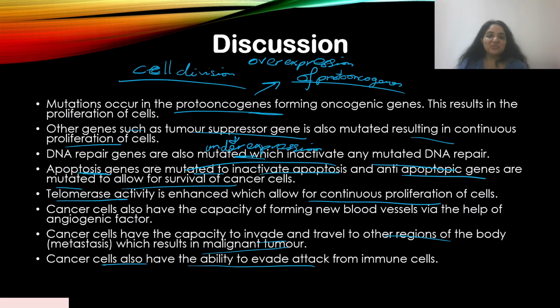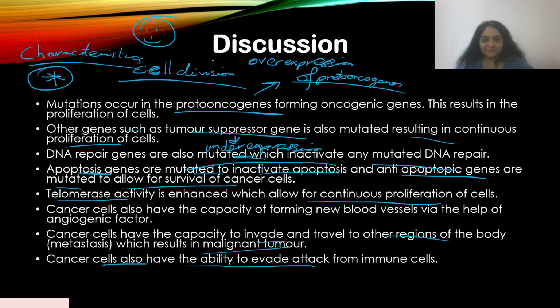So these are the characteristics of cancer cells, and I would suggest you note this down, please, because this is very important. This was actually a good question, because it would be very difficult for you to answer this. None of it is mentioned in NCERT clearly. They just spoke about proto-oncogenes, which is not really the only reason why cancer cells are formed. There are various other mutations happening inside.